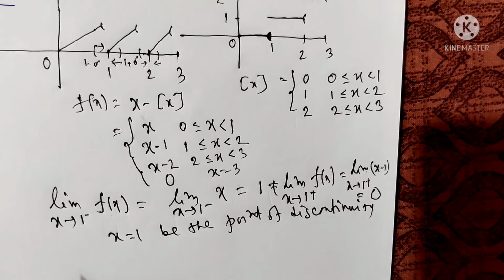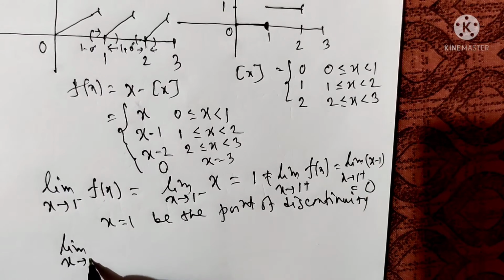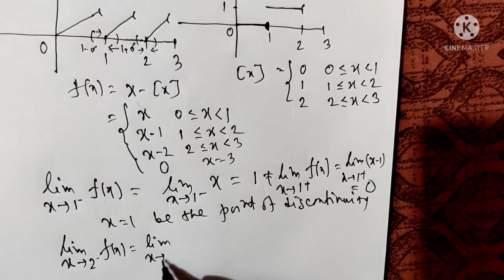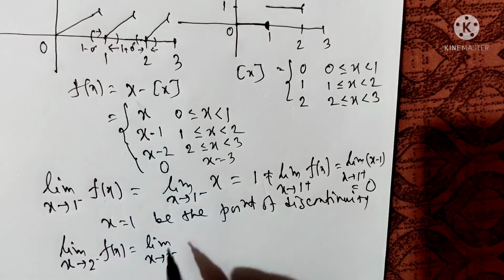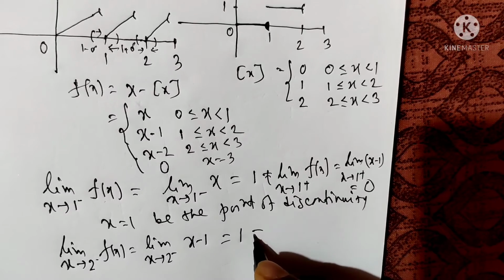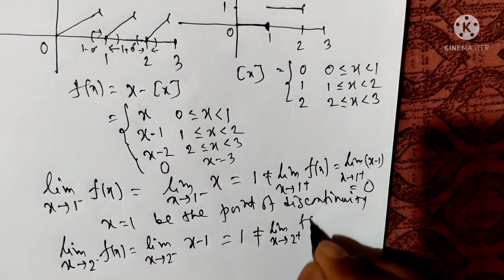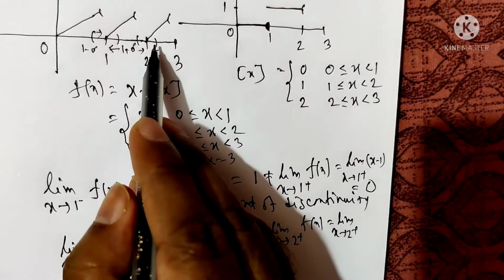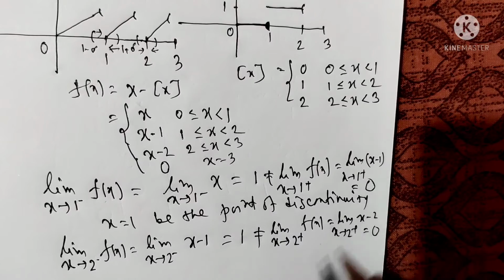Next, limit x tends to 2 minus f(x), that equals limit x tends to 2 minus of x minus 1, that equals 1, not equal to limit x tends to 2 plus f(x), that equals limit x tends to 2 plus of x minus 2, that equals 0.